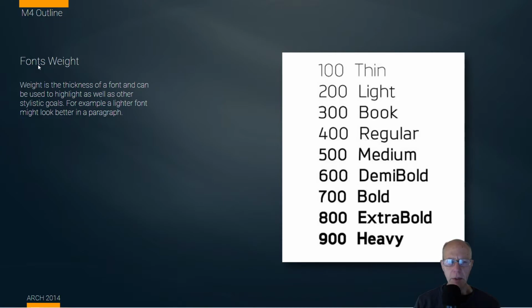Fonts have a weight to them. So here's an example of a Helvetica font, and it can be a Helvetica thin, or it could be a Helvetica heavy. And the idea is this isn't just bolding of one thing. This is the weight of the letter as it's written out. And typically, I would say we would lean more to the lighter fonts.